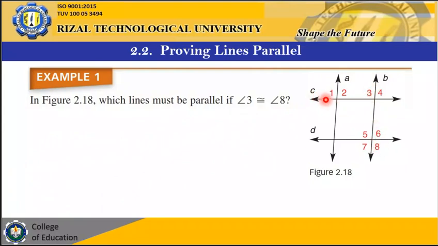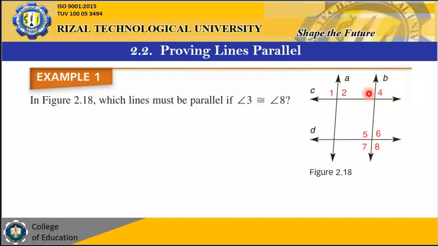Angle 3 is the exterior angle of line C when it is cut by B. As well as angle 8 is also an exterior angle of line C cut by line B.